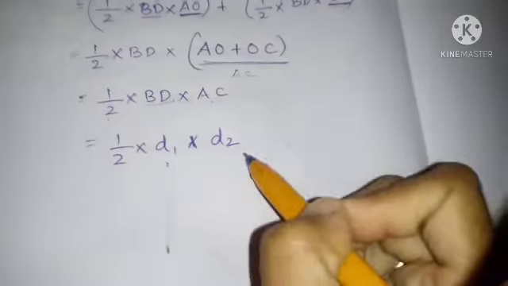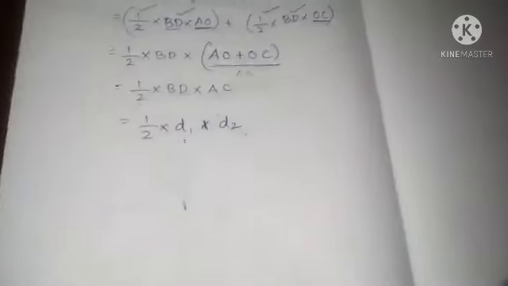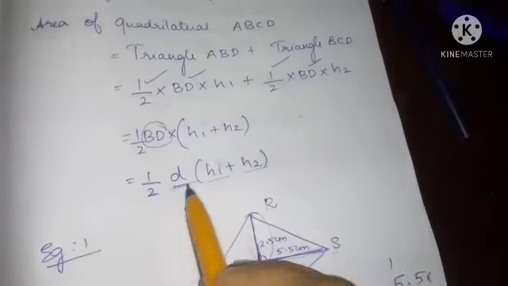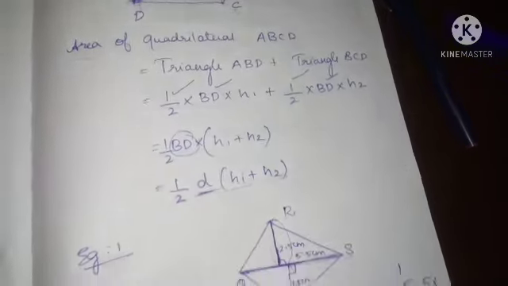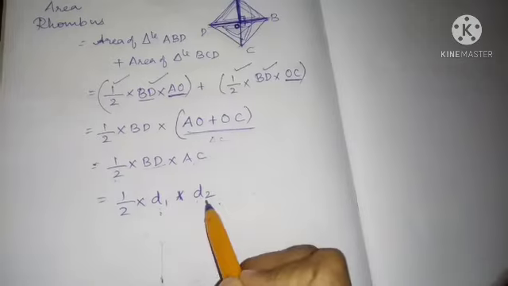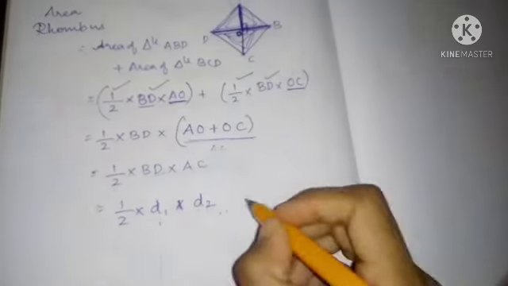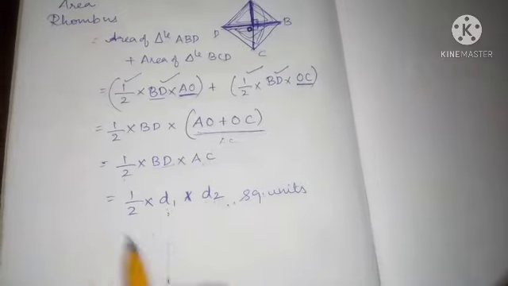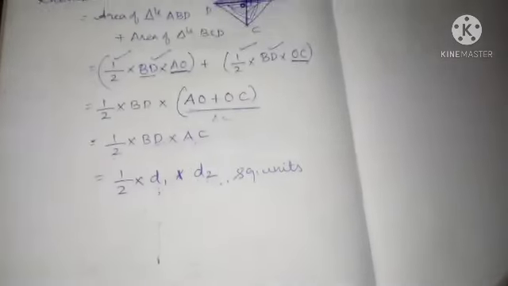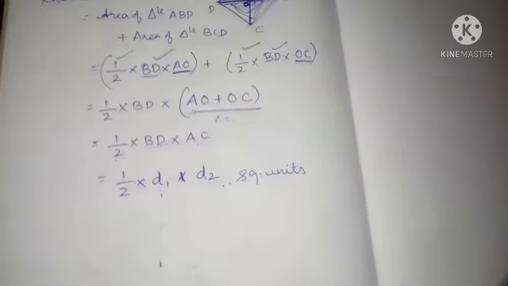But previously I had given only D. Here it was D because only one diagonal was considered. But in the rhombus, both diagonals are considered, so D1 and D2. So this is your formula for the area of a rhombus: half into D1 into D2.